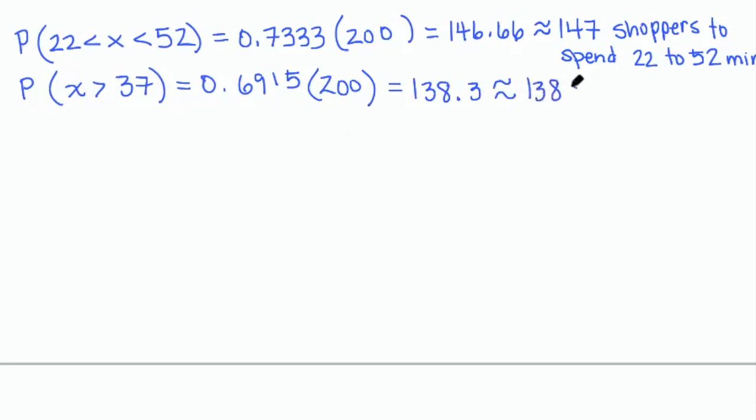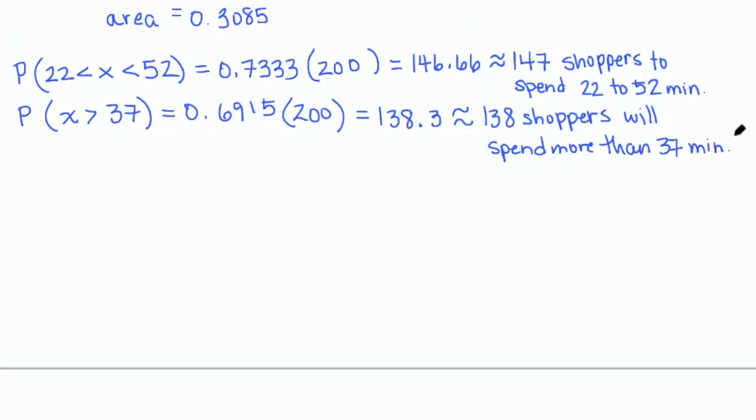So 138 shoppers will spend more than 37 minutes. So this is a very powerful prediction tool. If you have a data set that measures some previous behavior and it's normally distributed, you can then make a whole myriad of different predictions about future behavior.